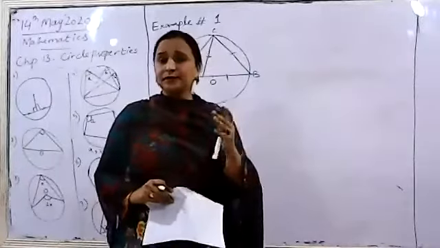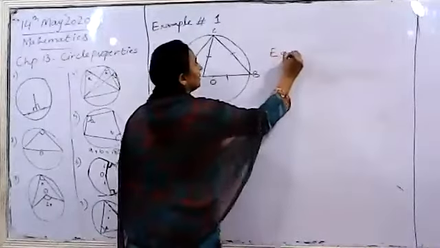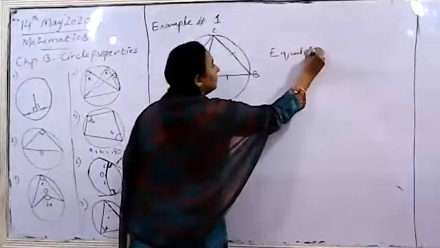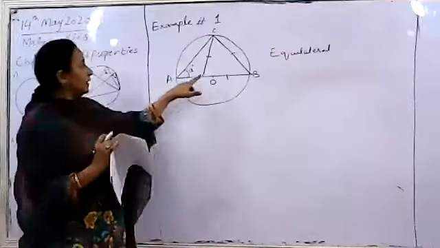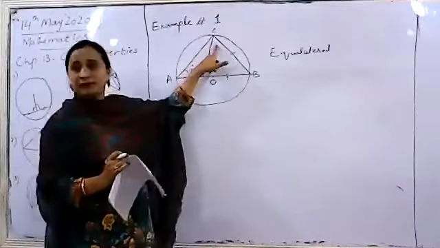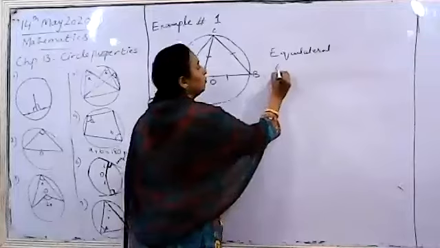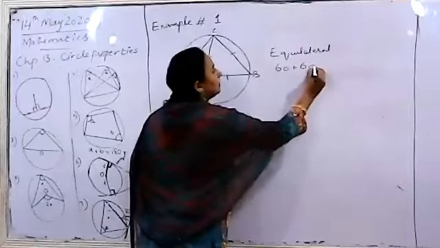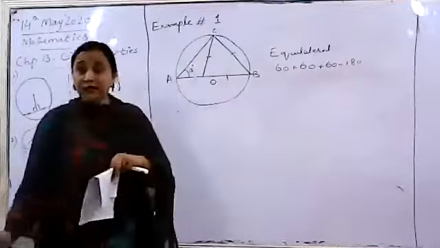Yes, this is an equilateral triangle, my dear students. And what happens in an equilateral triangle? All three angles of an equilateral triangle, my son, are the same. All the three angles add up to 180 degrees. So in an equilateral triangle, we say that all the three angles are equal.